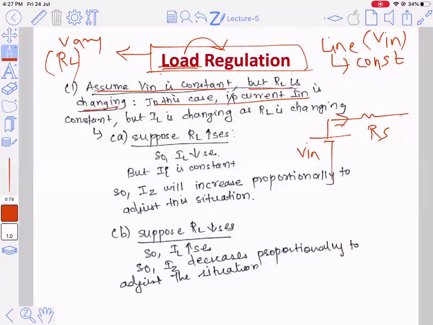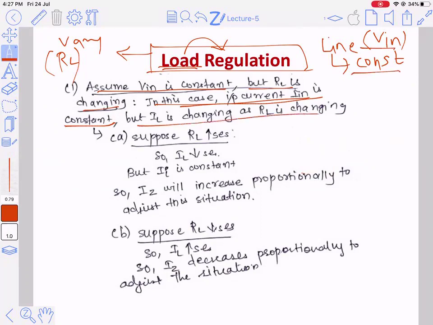That's what I have written over here: in this case the input current is constant, because Vin is constant. But IL is changing as RL is changing.